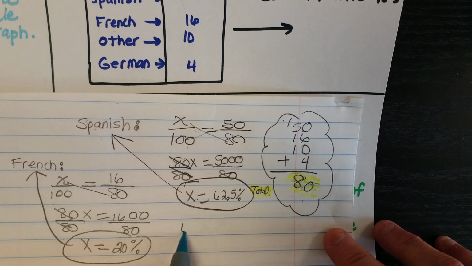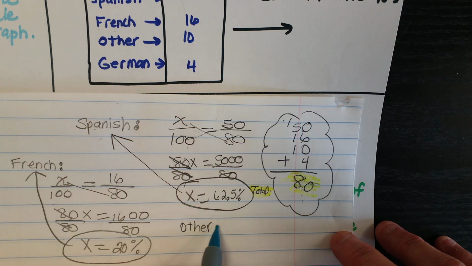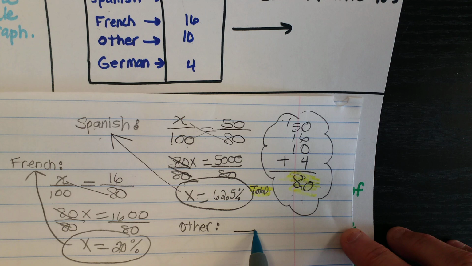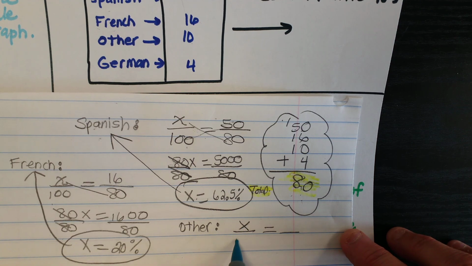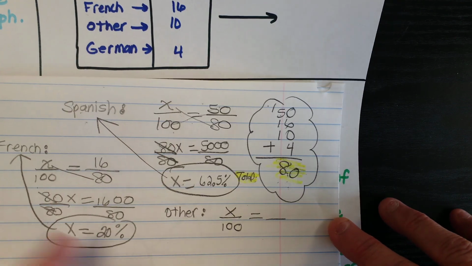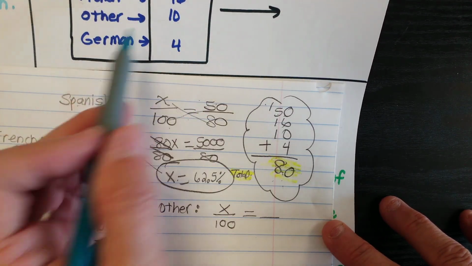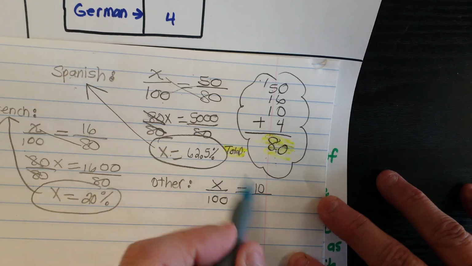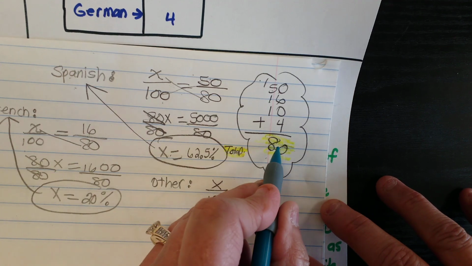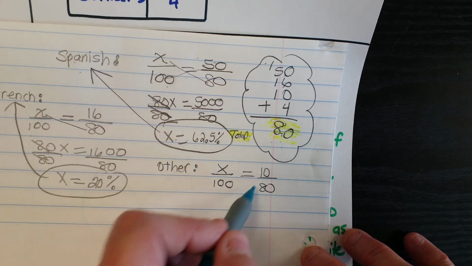How many students take an other language? So again, it is percent, which we don't know, percent over 100 equals, how many were in the other category? 10. 10 over my total amount, which was right here again, 10 over 80.